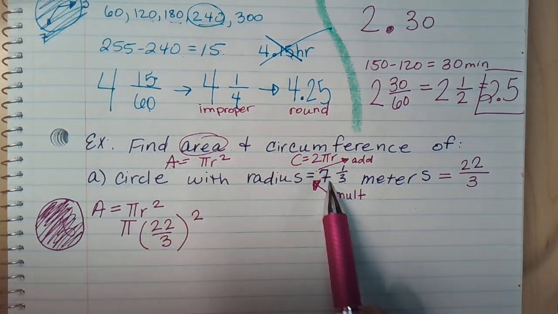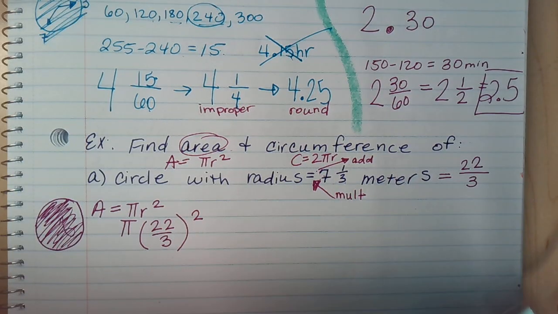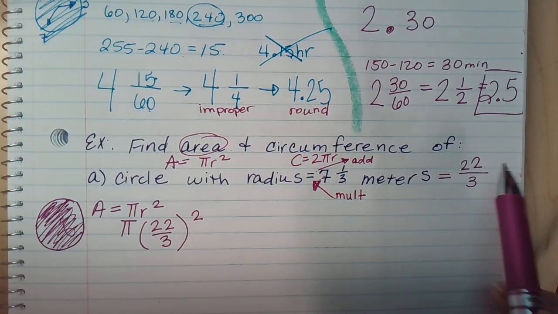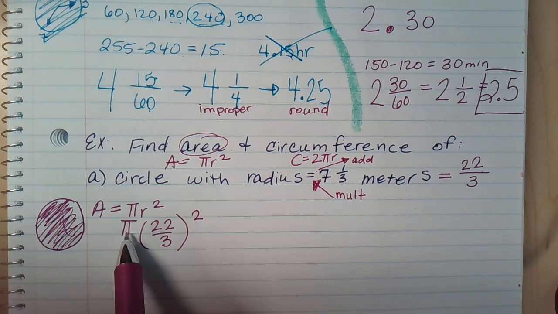The reason I'm changing it from a mixed number is because in pre-cal, we don't really ever use mixed numbers. The only time we really use mixed numbers is maybe when we're talking about cooking or tablespoons. But now that we're in pre-cal, we use improper fractions and decimals that stop. So anyway, pi r squared.